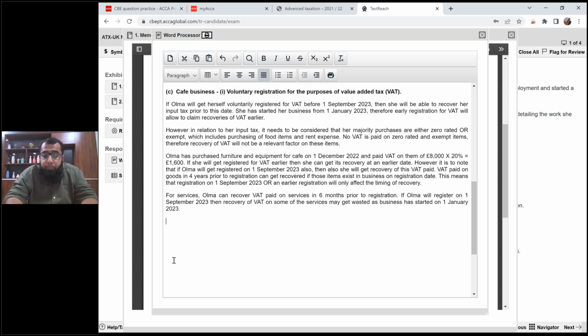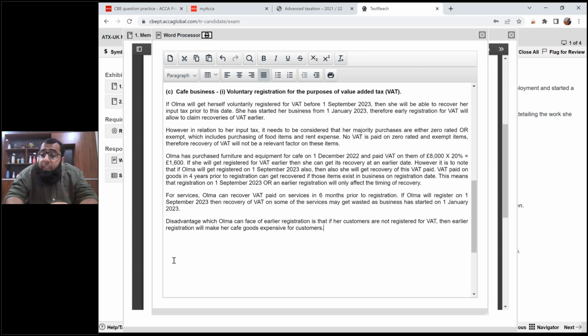Now, the disadvantage which Alma can face of earlier registration is that if her customers are not registered for VAT, then earlier registration will make her cafe goods expensive for consumers.